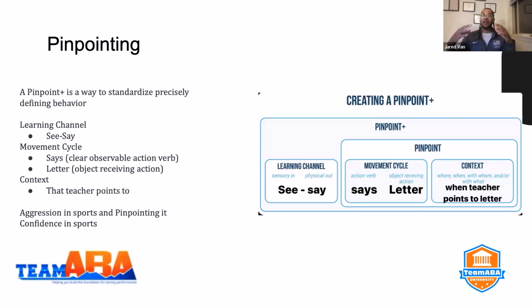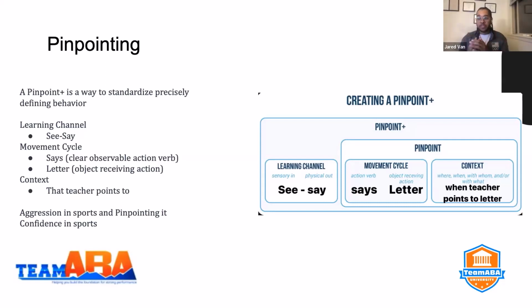So we need to define how these behaviors look so that when we're measuring it, we can all agree on what we're measuring, and then we can see it changing in frequency as we measure it. So it's all together. One of the things we have is the learning channel. In this example of knowing their ABCs, we say we want them to see and say the letter.